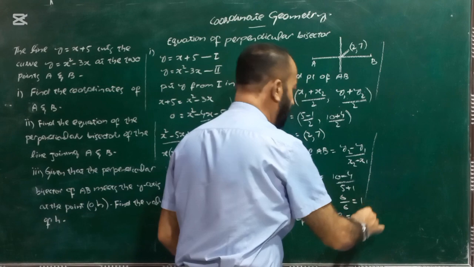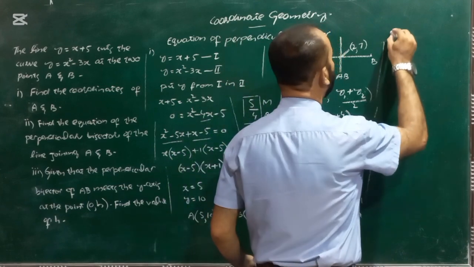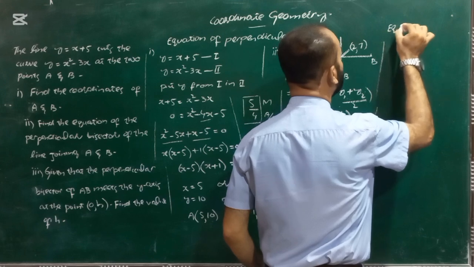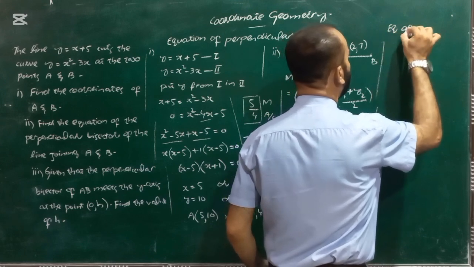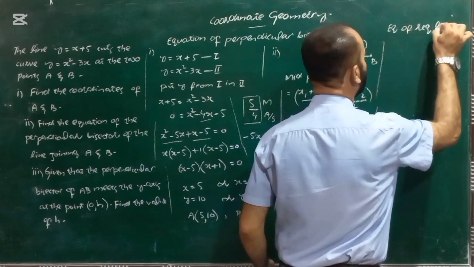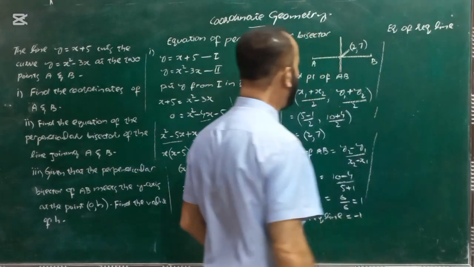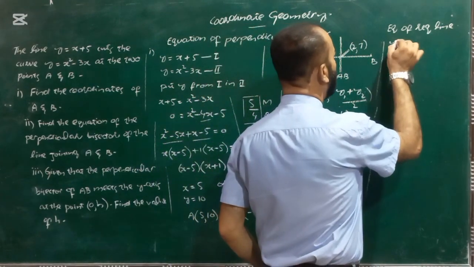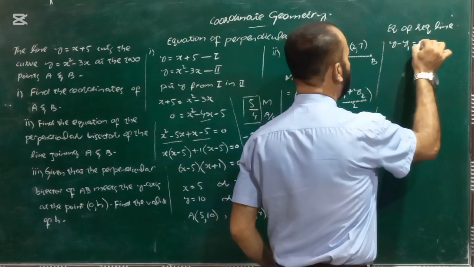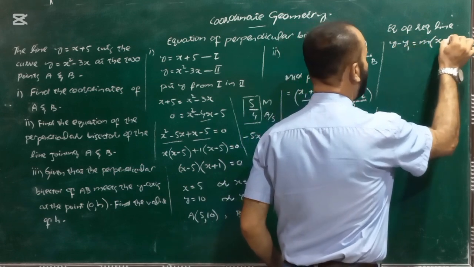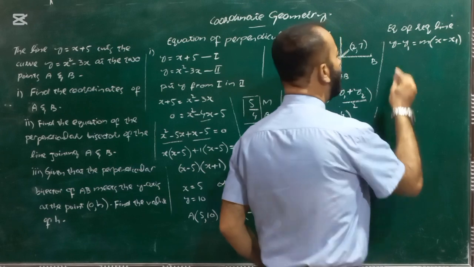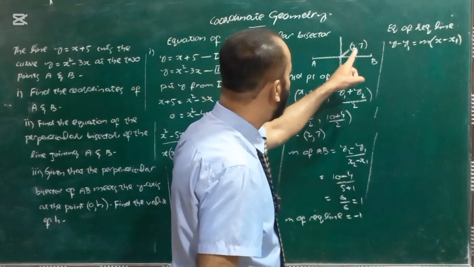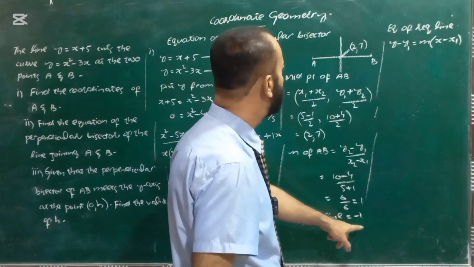So we are solving here now the equation of the required line, because now we have a point and gradient. So the equation that will be used is y minus y1 is equal to m into x minus x1. Putting values into the formula, here is the point (2, 7) and here is the gradient minus 1.